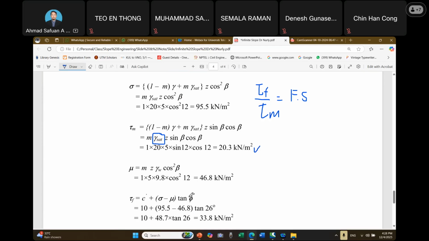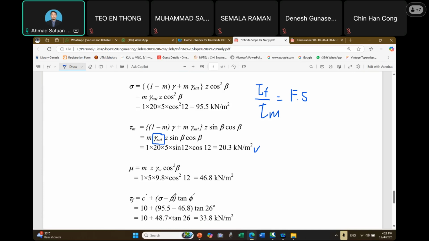So to get the tau f, we need to determine what is the sigma and also the pore water pressure. C is given, but we need to calculate first the sigma and also the pore water pressure.